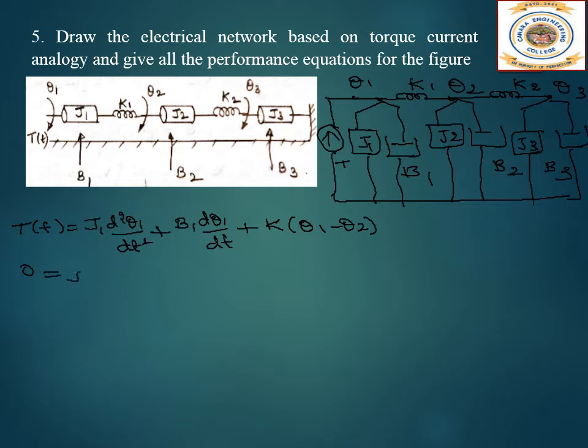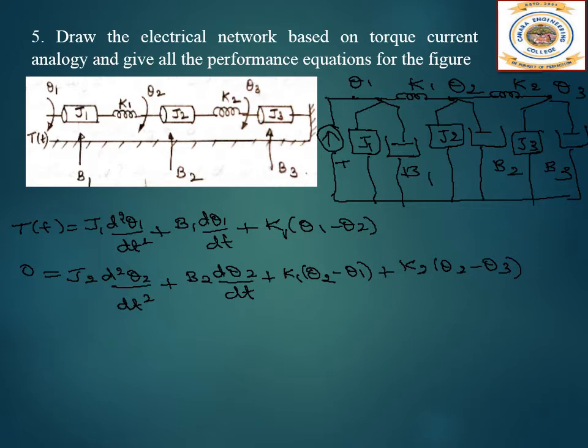So we have J2 d square theta 2 by dt square plus B2 d theta 2 by dt plus we have K1 theta 2 minus theta 1 plus K2, which is between theta 2 and theta 3.